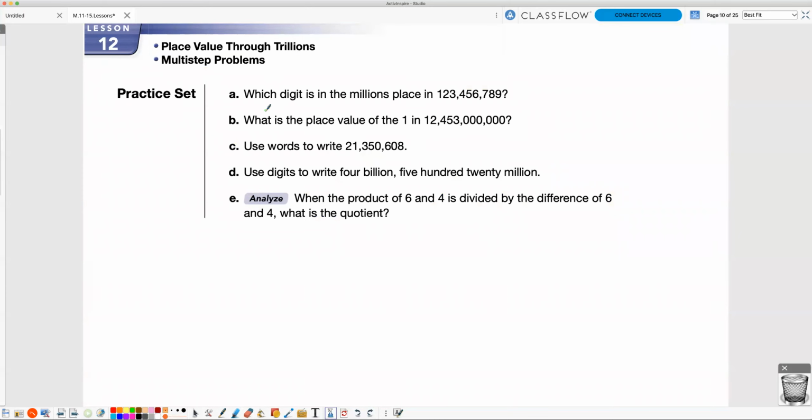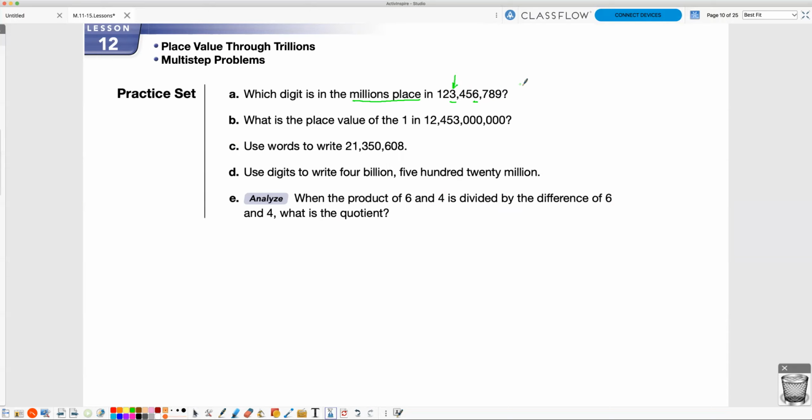Which digit is in the millions place in 123,456,789? So which of those digits is in the millions place? If I'm going from right to left, I see this is the thousands place, and this was the millions place.